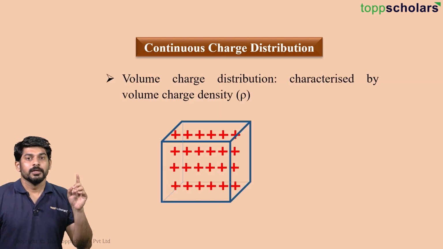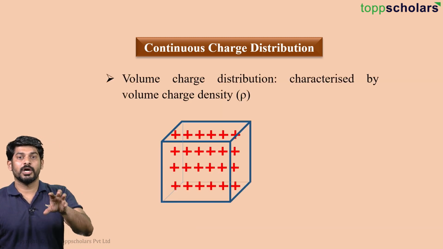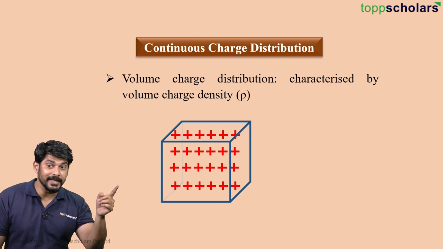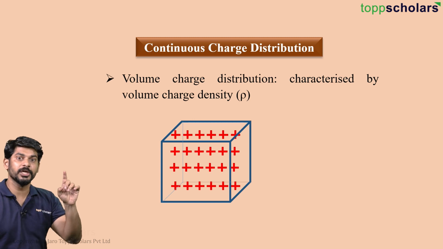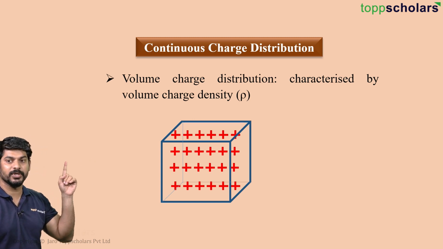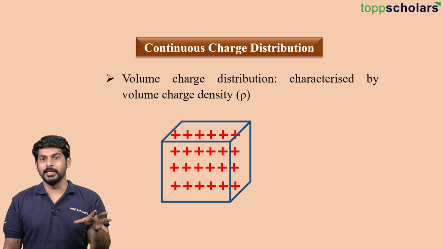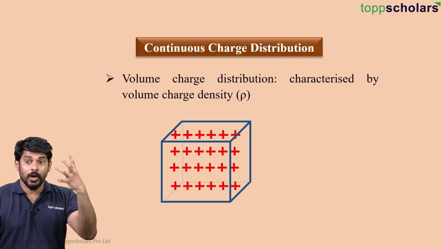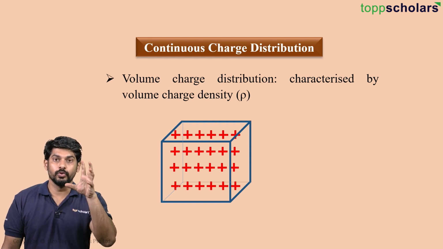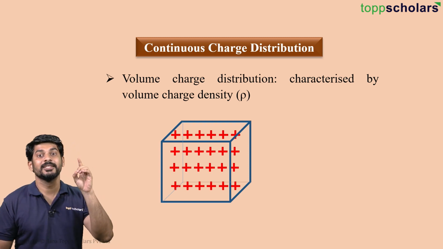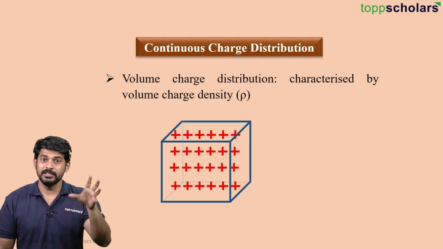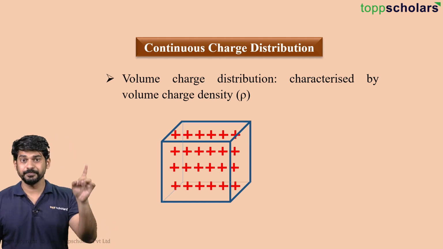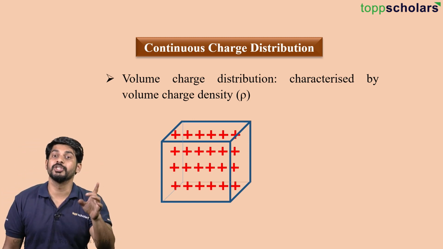Moving on, the next type is volume charge distribution, which is characterized by volume charge density, denoted by rho, as we can see over here. Basically when the total charge is distributed throughout the volume of a given body, we say that the charge has been distributed throughout the volume, and such a distribution is called volume charge distribution.